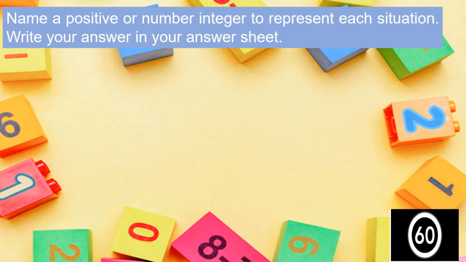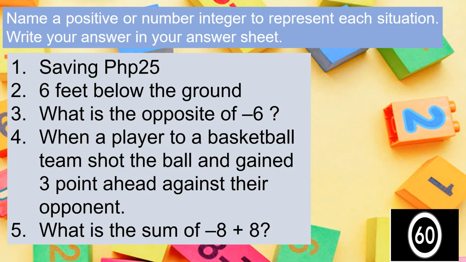Write your answer in your answer sheet. Number 1, saving 25 pesos. Number 2, 6 feet below the ground. Number 3, what is the opposite of negative 6?